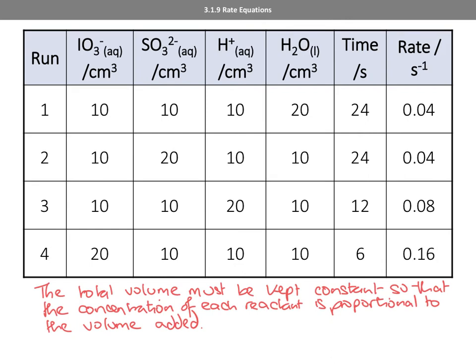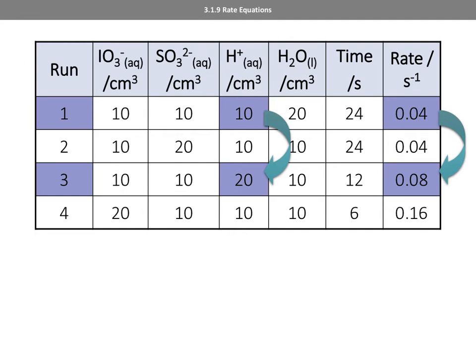Now what we're going to do is compare the change in concentration of one of the reactants and see how that affected the rate of reaction, and that's going to give us the information for determining the order of reaction with respect to that reactant. We're starting by comparing runs 1 and 3 here. If we look at the iodate ions, we have the same concentration in 1 and 3.